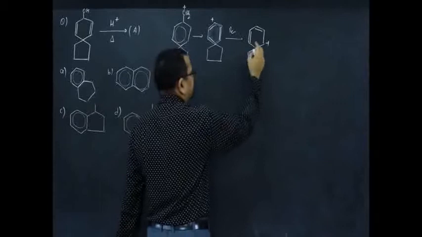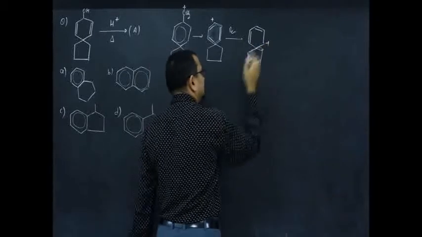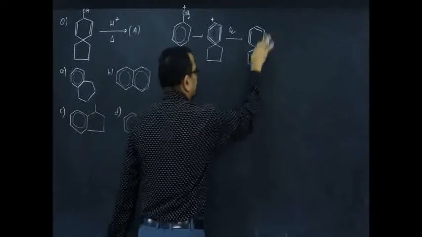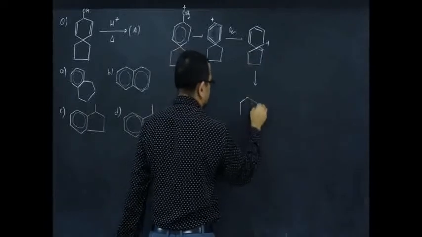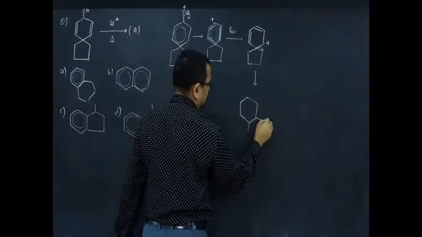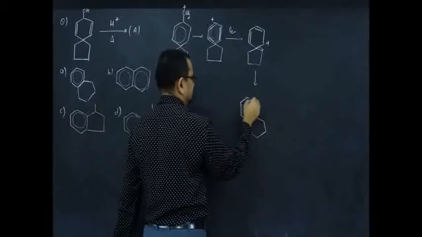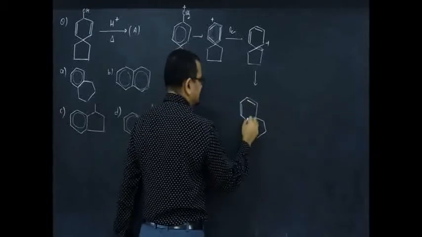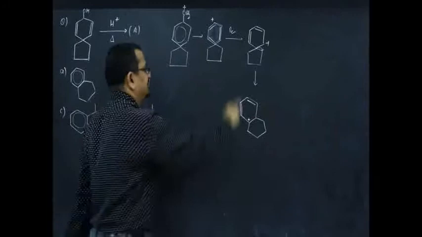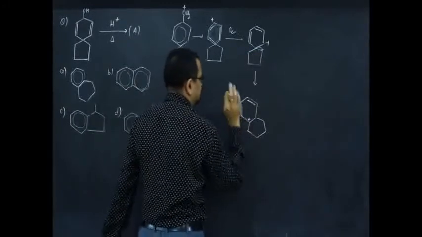As a result of this, there is a ring expansion, like this dissociation takes place and ring expansion is possible. As a result, a positive charge will be left at this carbon, because of the bond polarity that happened.